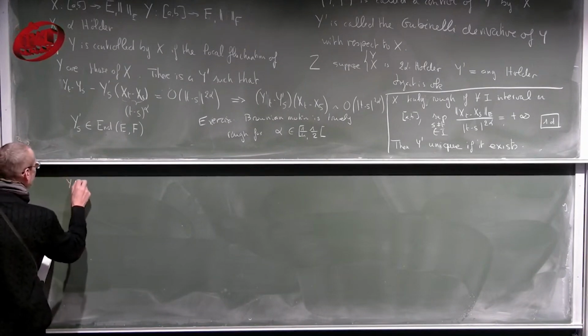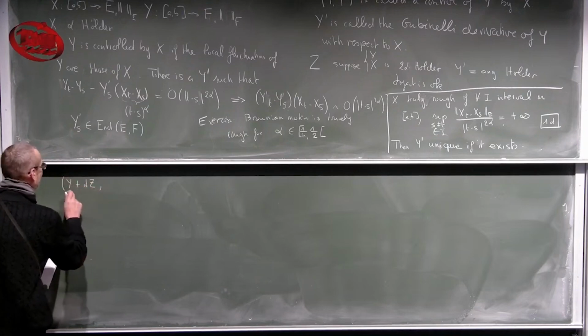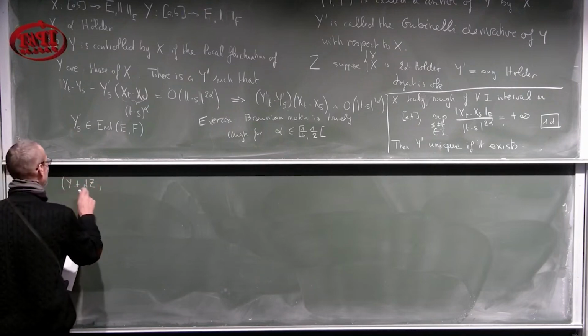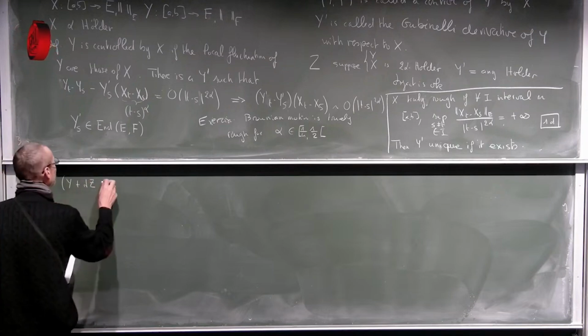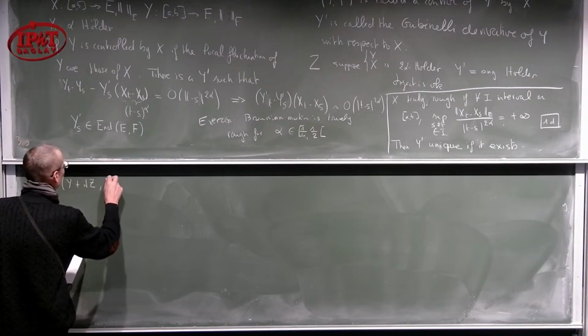I will not write down all the details, but if you have this and these 2 are controlled, then there is a control also. There is linearity, obviously. The Gubinelli derivative has nice familiar properties.